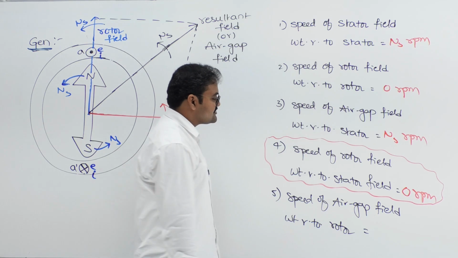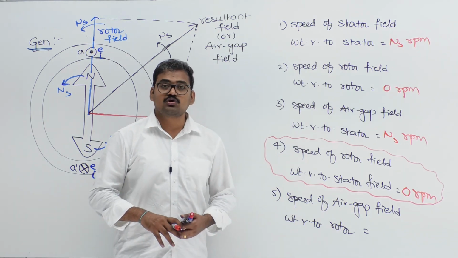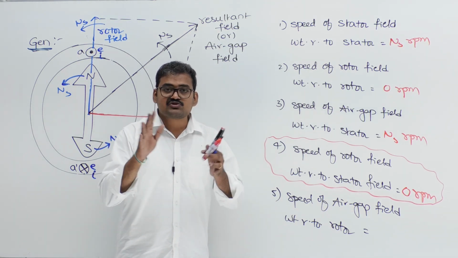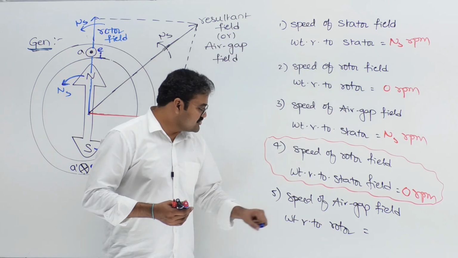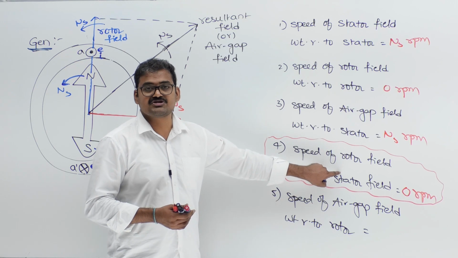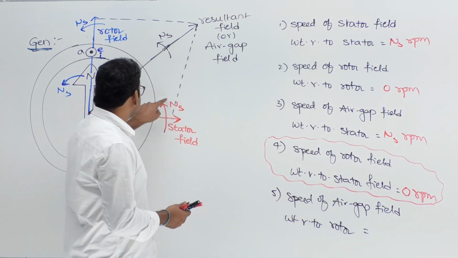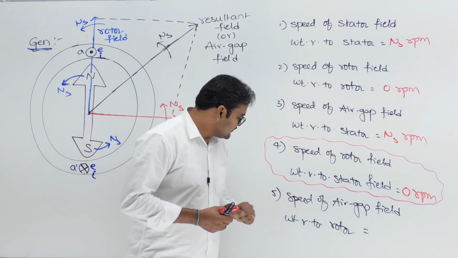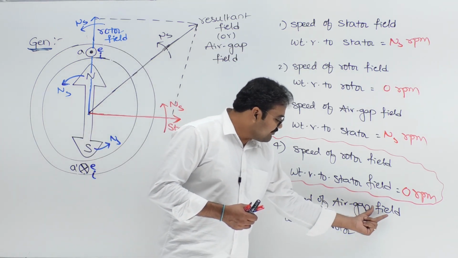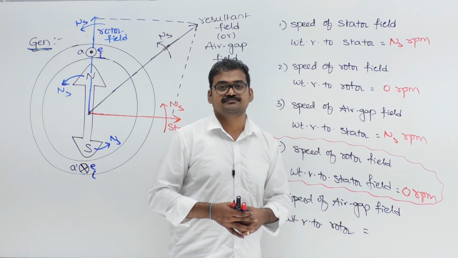We discussed many times, there are 3 conditions. Out of that, one condition is that the relative speed between the stator field and rotor field must always be equal to 0. That is satisfied in a synchronous machine. Clear? Last question: the speed of the air gap field with respect to the rotor.